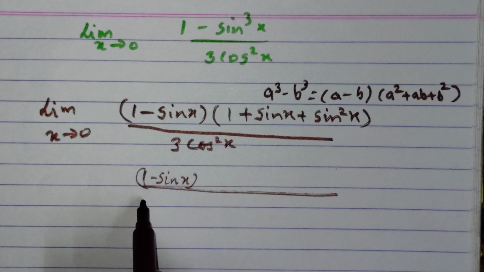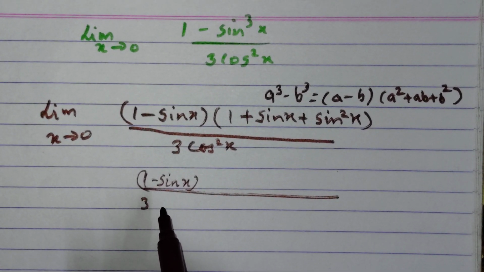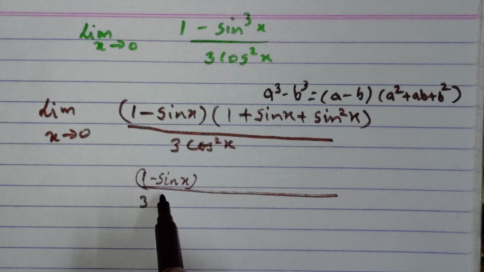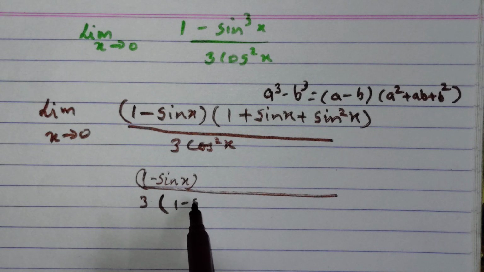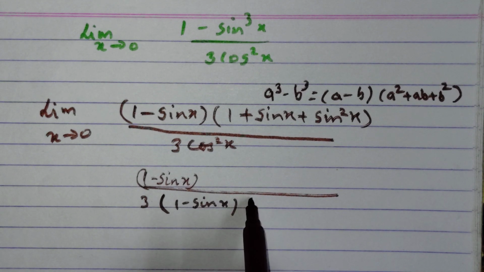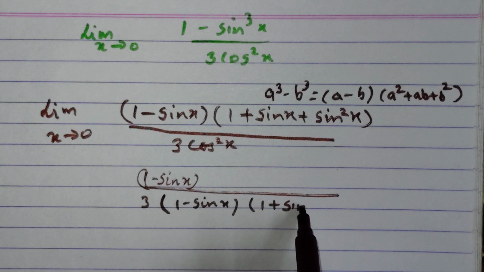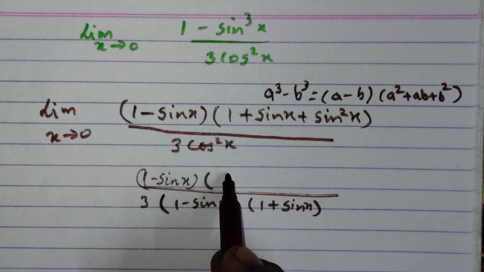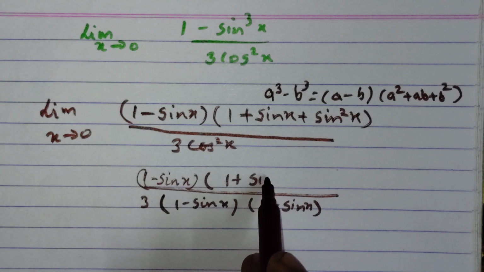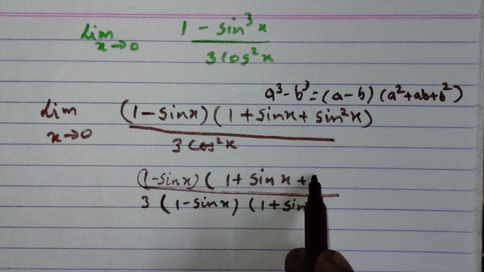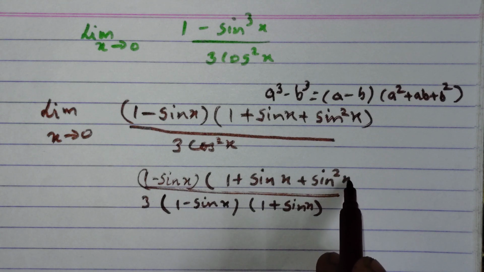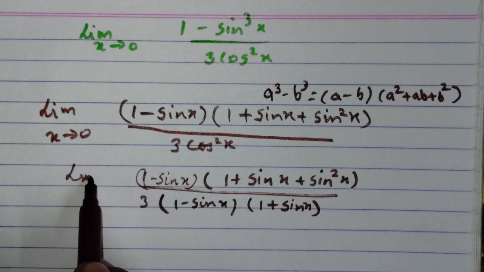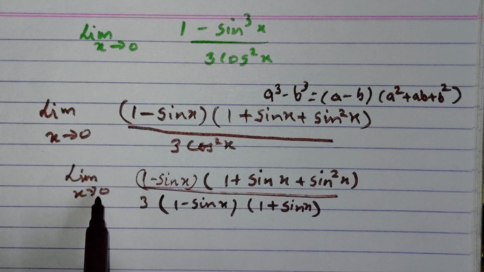In the denominator we see 3, and cos square x is 1 minus sin square x, and its identity becomes (1 minus sin x)(1 plus sin x), and in the numerator another bracket is written as it is, 1 plus sin x plus sin square x. So 1 minus sin x cancels out from numerator and denominator, limit x tends to 0 is written.